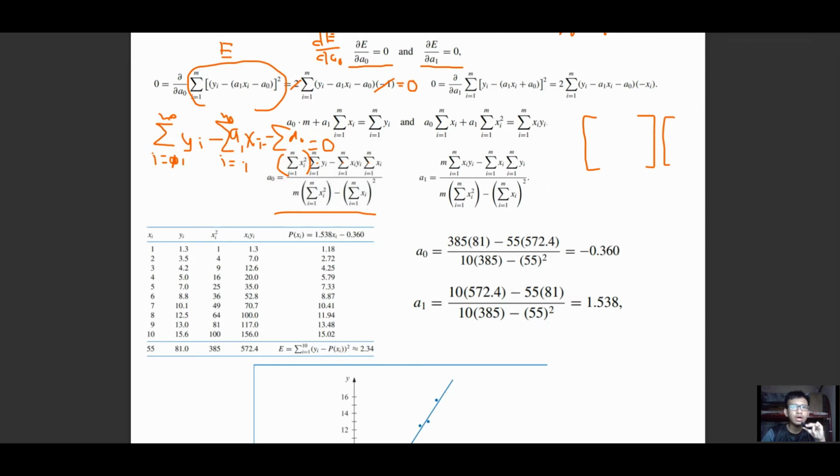Okay, and here we just substitute the value 385, which is equal to the summation of x squared, xi from i equal to 1 to i equal to m, and that one is here, yes, summation of x squared. So we put this value inside here.